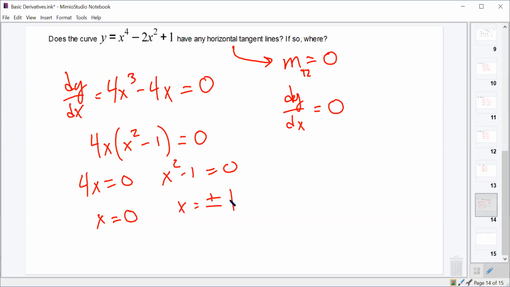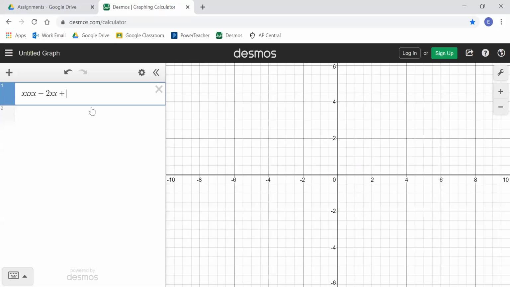Cool. So let's take a look at the graph of this real quick. I'm going to pull up Desmos and share Desmos with you. We had x to the 4th minus 2x squared plus 1, right? There it is.